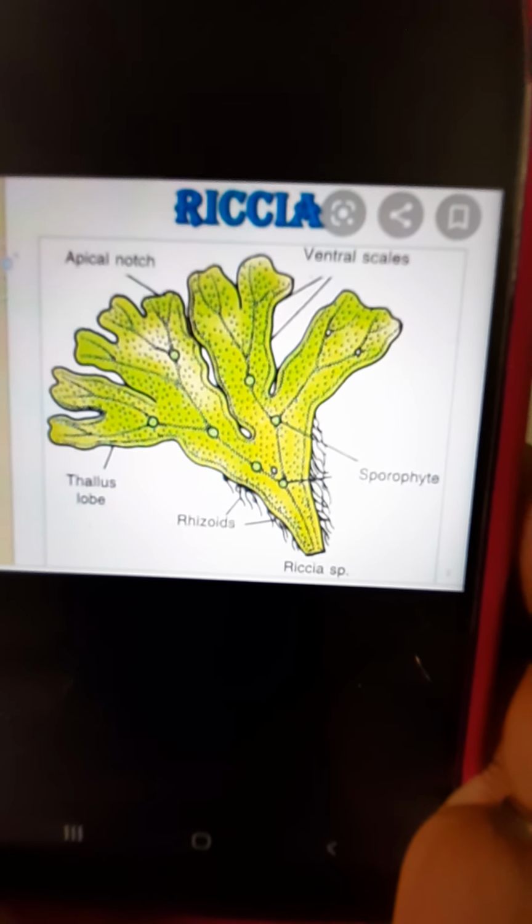So we will discuss Hepaticopsida, liverworts. It is thalloid. It is a thallus. It is the most primitive one, and thallus is dorsiventral. So examples we have done.